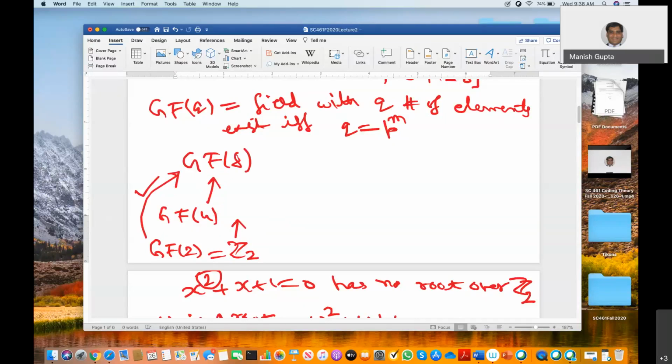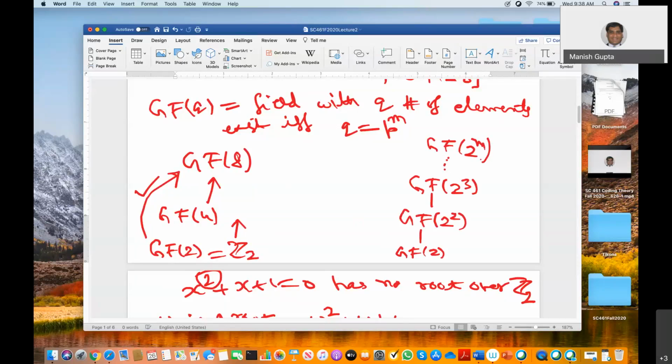So basically there is a tower of fields. We have GF2 here, then we have GF2 square here, GF2 cube here, and finally some GF2 raised to power m, for some m.